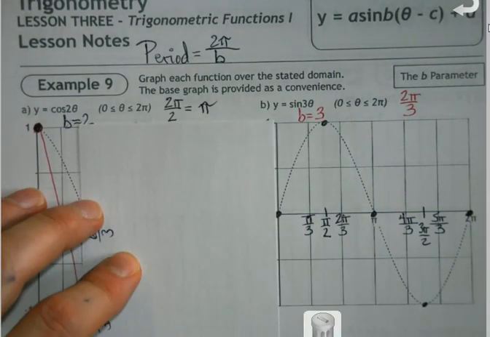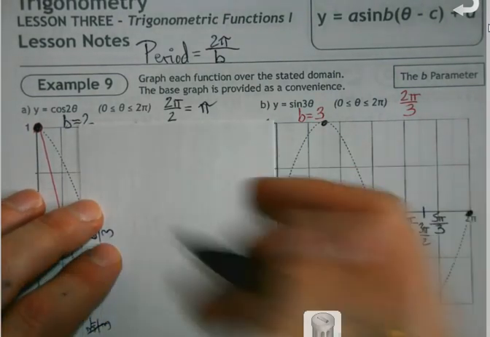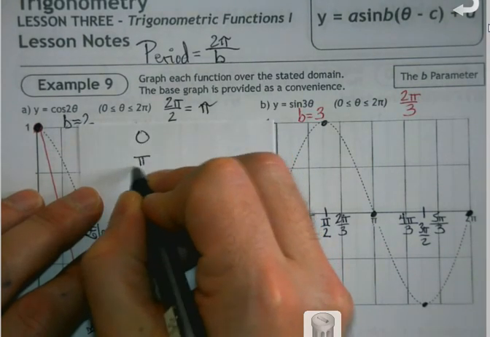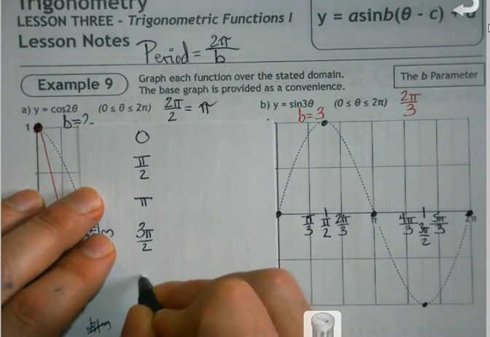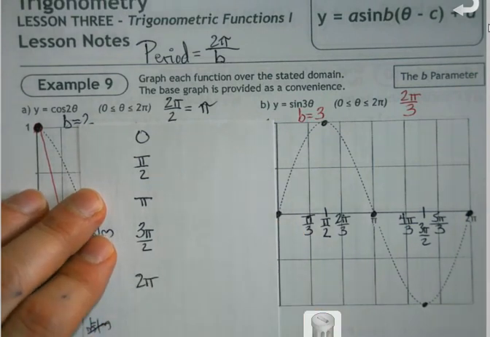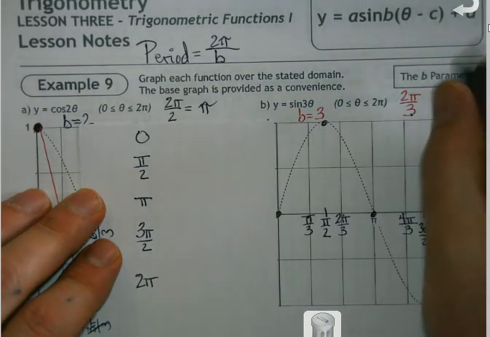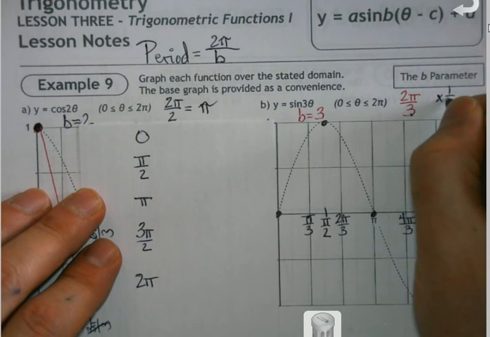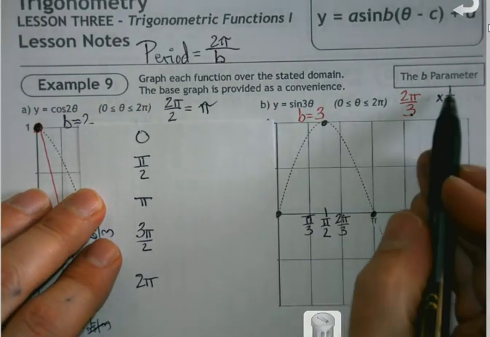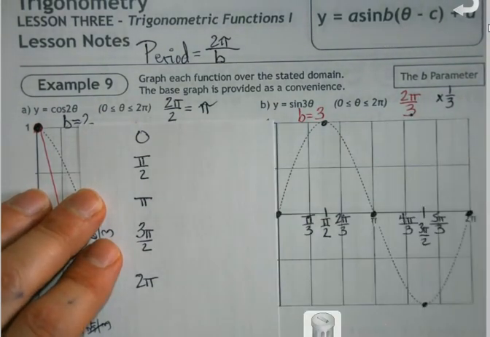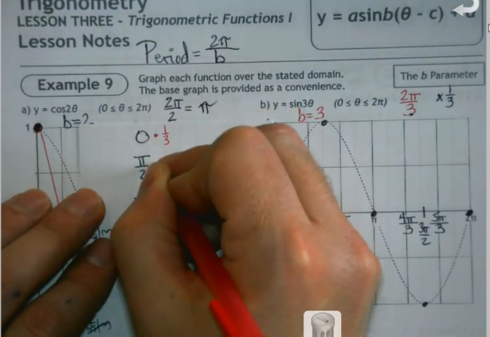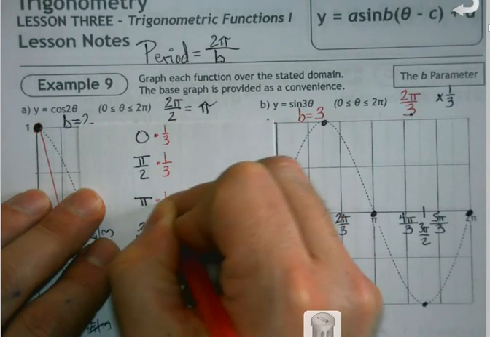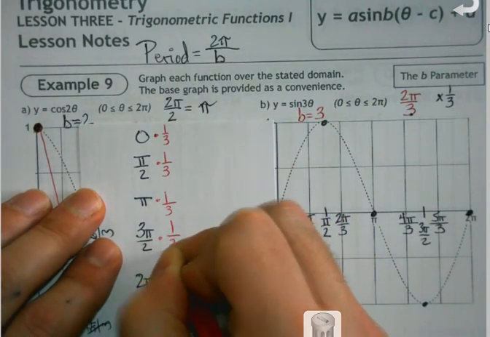So again, I have to have a grip on my original 0, pi over 2, pi, 3 pi over 2, 2 pi. Again, never changes. But this time I'm dividing them all by 3, which means I'm going to multiply by 1/3. I'm going to multiply by 1 over whatever this b number is. So when I do that, we'll get our new values here in just a second.